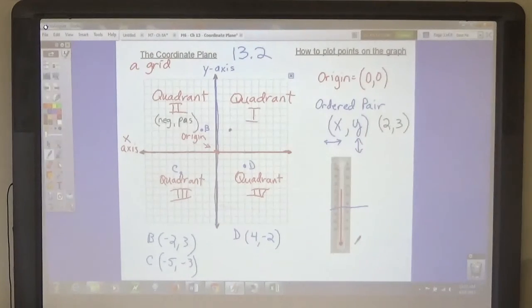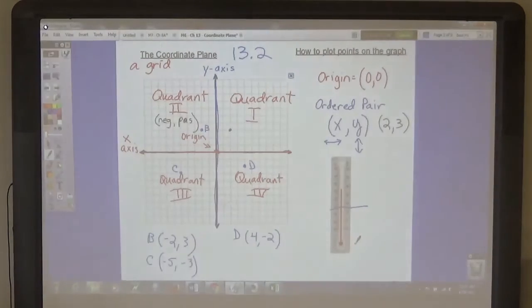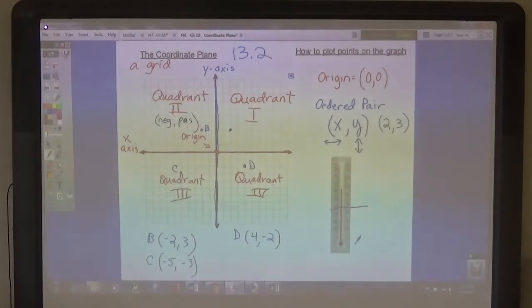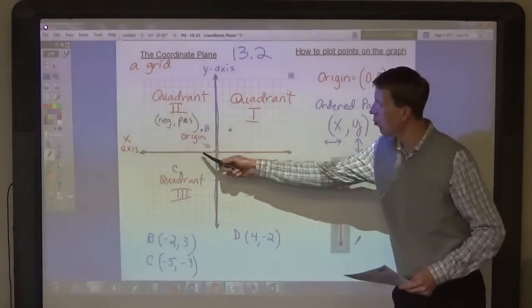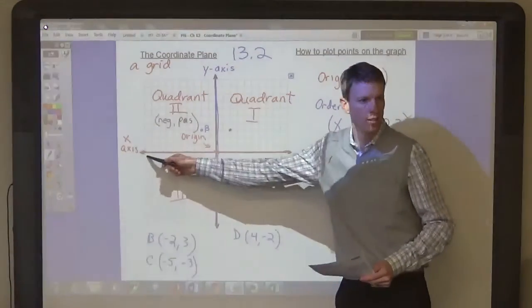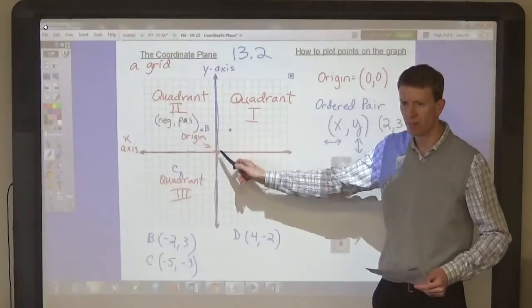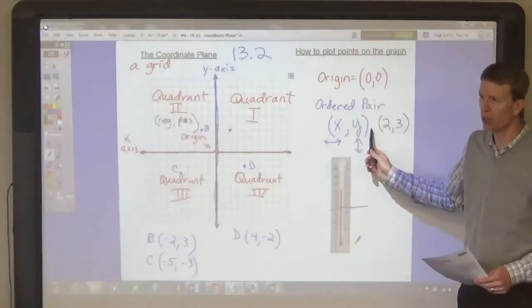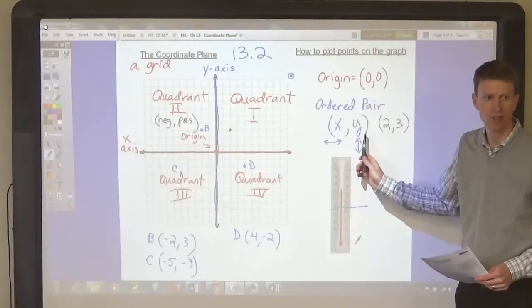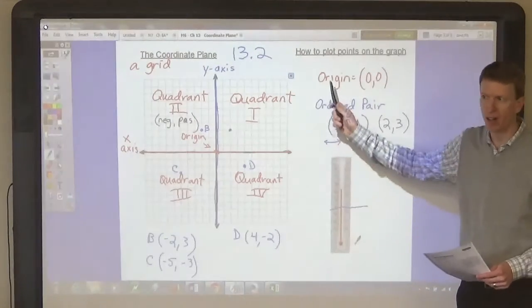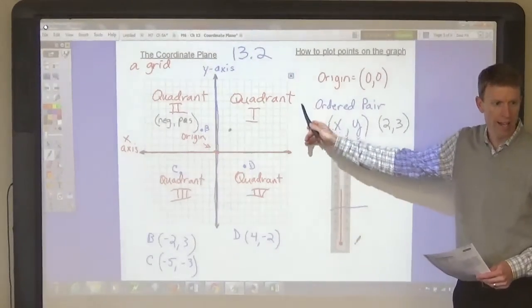Okay? What does the x-coordinate tell you, Kaden? Yep, it tells you where you should go on the x-axis, starting at 0. Okay? The y-coordinate tells you how far to go up or down on the y-axis.